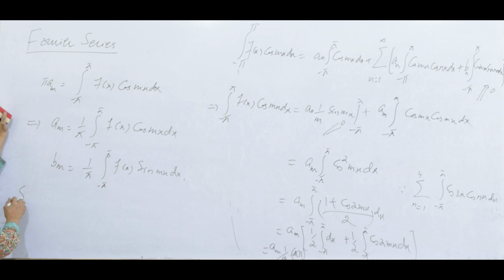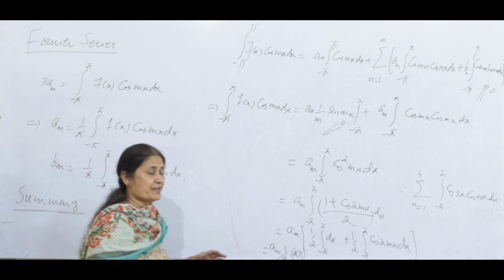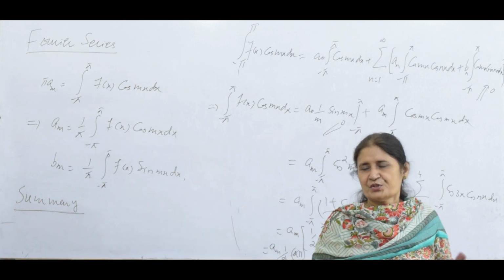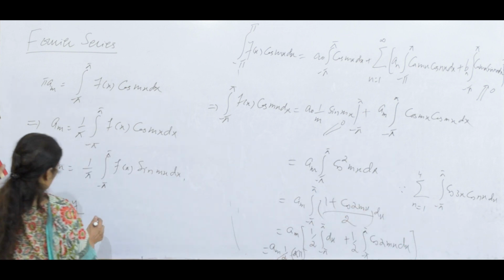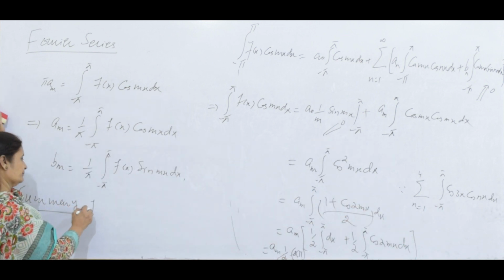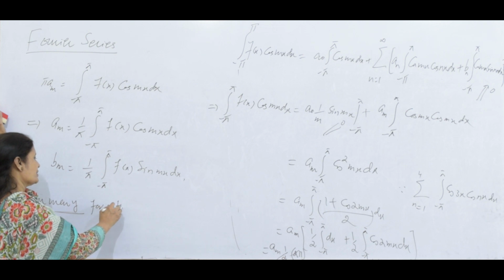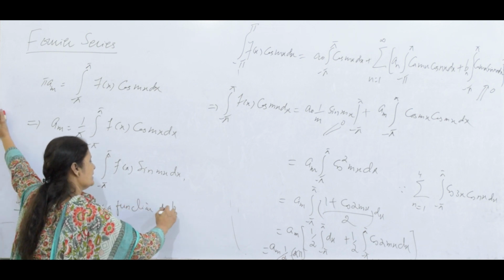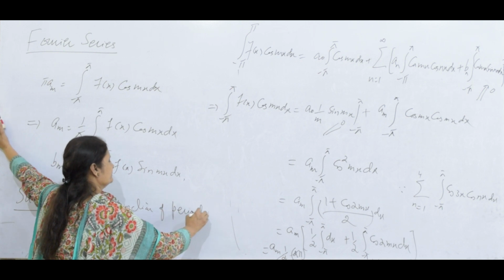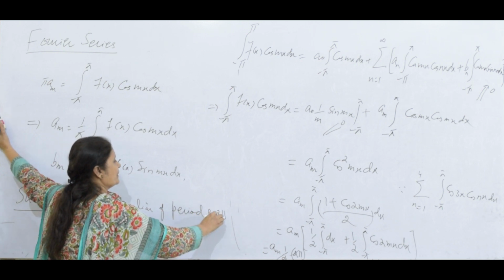So, summary. Let me write down the summary. After determination of the Fourier coefficients, we have the Fourier series. We are having the summary: the Fourier series for a function of period 2 pi, P equal to 2 pi.